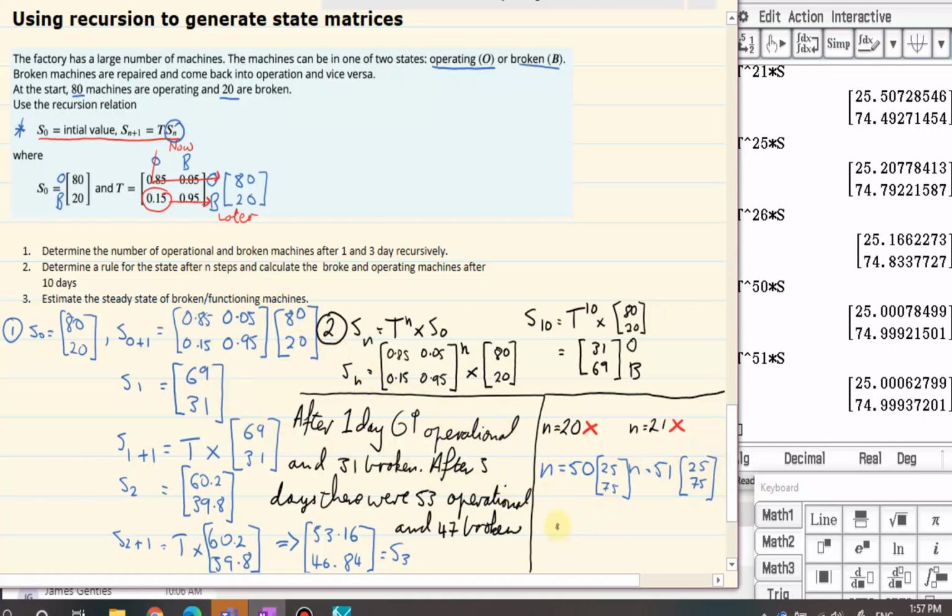So the steady state of broken and functioning machines would be that there would be 25 functioning machines and 75 broken machines.